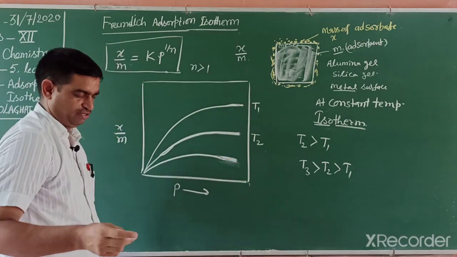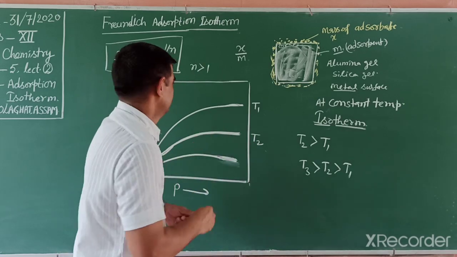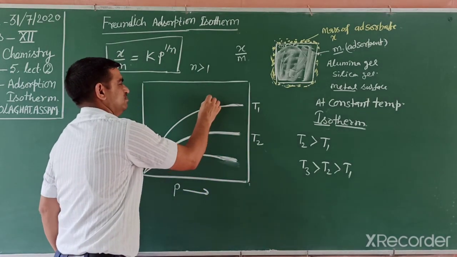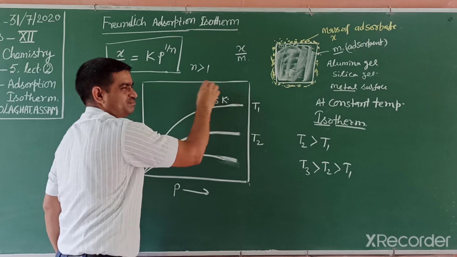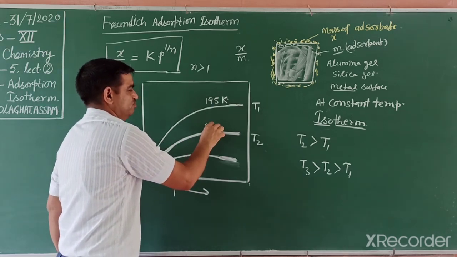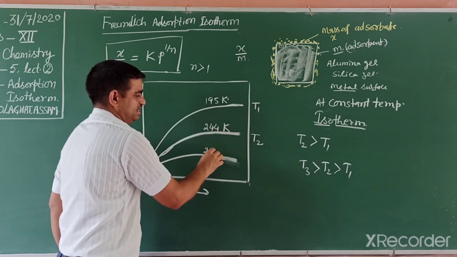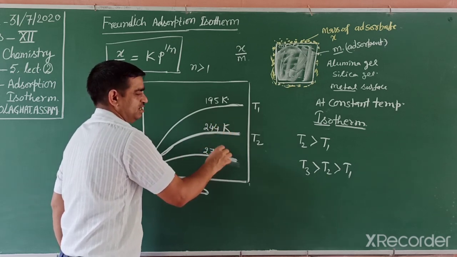In your NCERT book this curve is given, with temperatures of 195 Kelvin, 244 Kelvin, and 273 Kelvin.